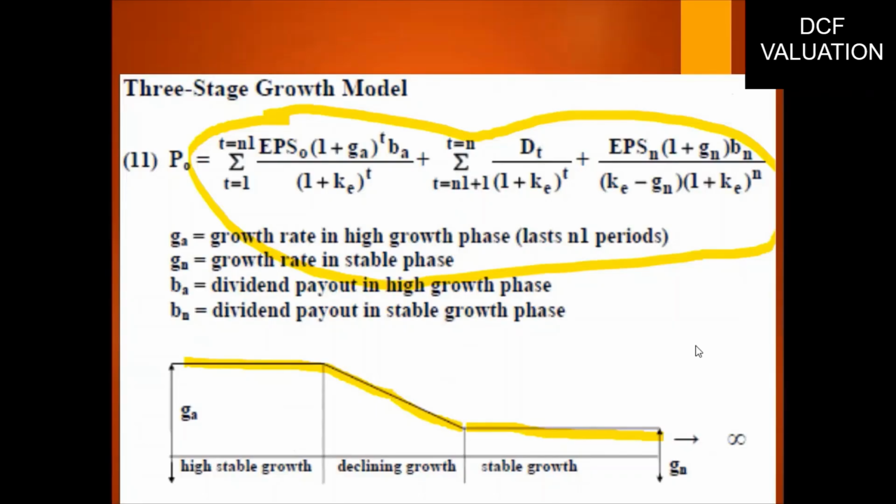You just use a forecast of each year. High stable growth for the first phase, assume declining growth for each year in Excel, and then apply the terminal phase. Okay? So these are just some examples of various growth assumptions that you can use.